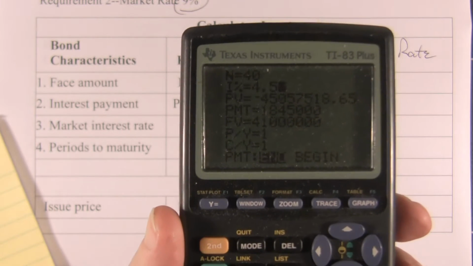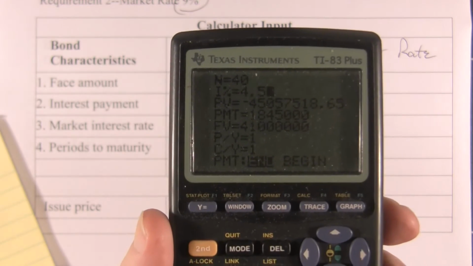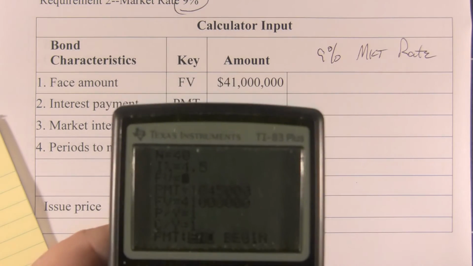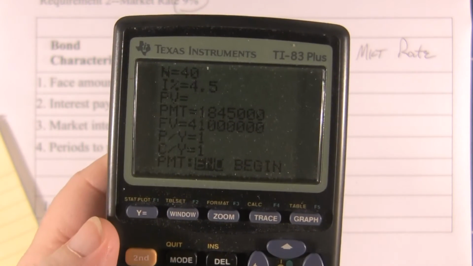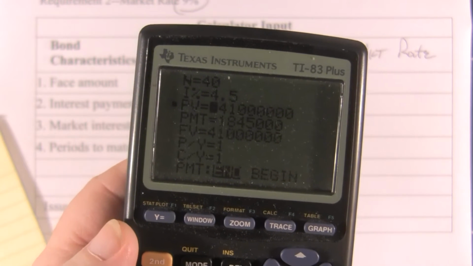And the present value I have to change. I have to eliminate that present value and put in the new alpha, the sum we're looking for. So I'll put in alpha, and I'll hit enter. 41 million.